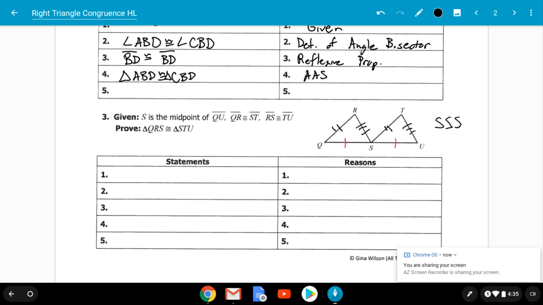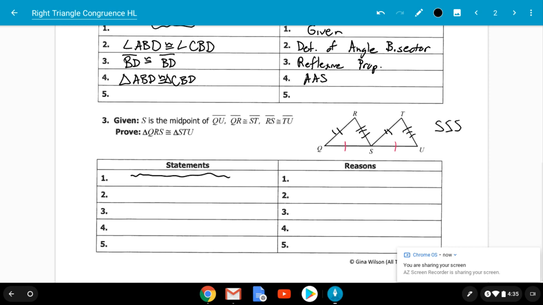Alright, so in your little proof here, again, you could have written the given 3 times. You would have said S is the midpoint of QU, given. Next part, given, next part, given. I think that's too much work. So, write down all at once, given. What was the only thing we had to define ourselves from the given portion? The midpoint.